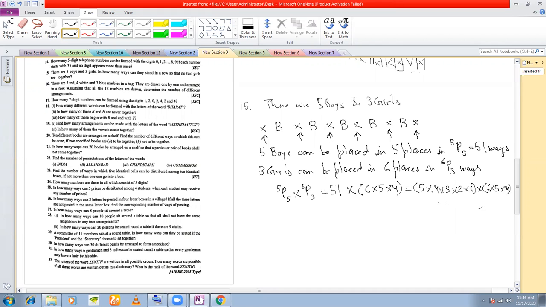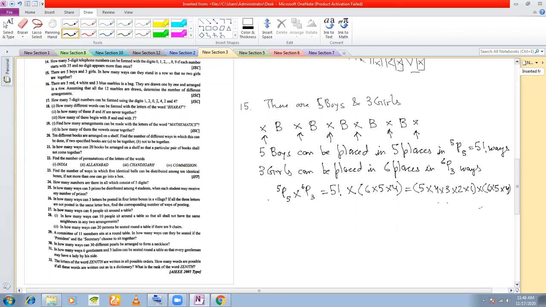So 120, 120 into 6 is 720, and 120 into 6 into 5 into 4, whatever it comes to. It comes to 14,400.